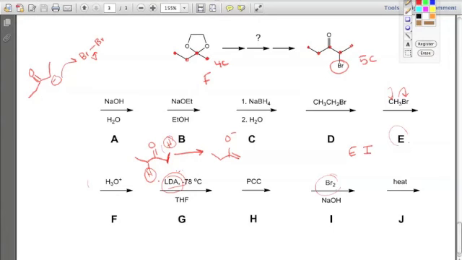I'm going to have this, and then I'm going to react that with E. So what I just did was make this backbone, which I could then follow up with I. So the final is going to be F, G, E, I.